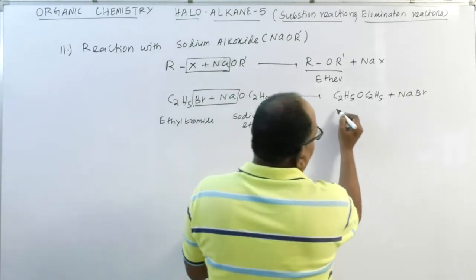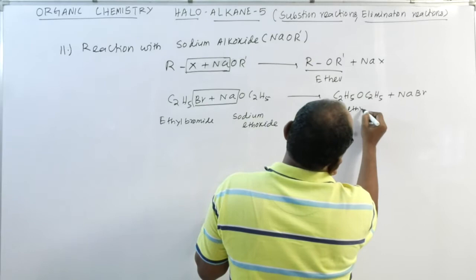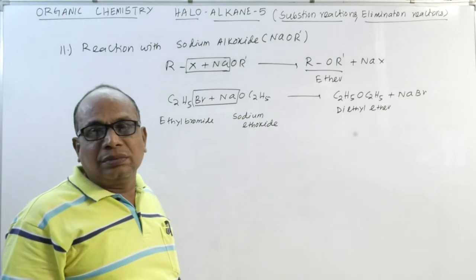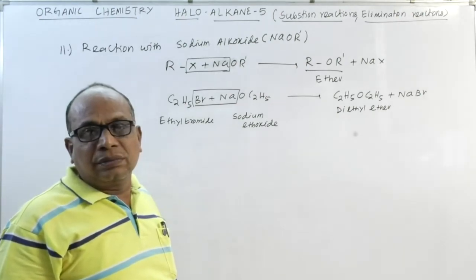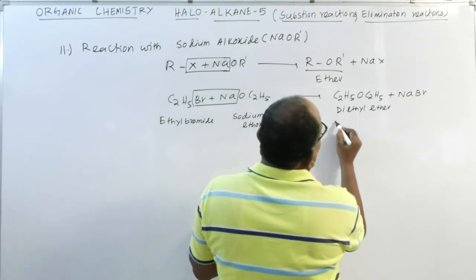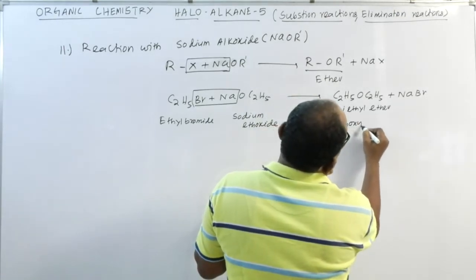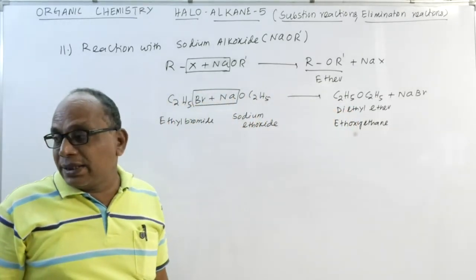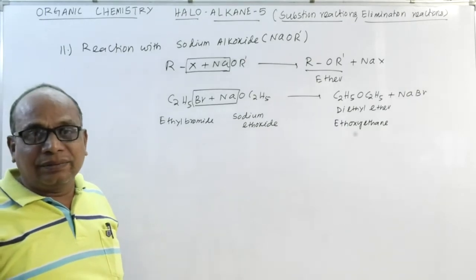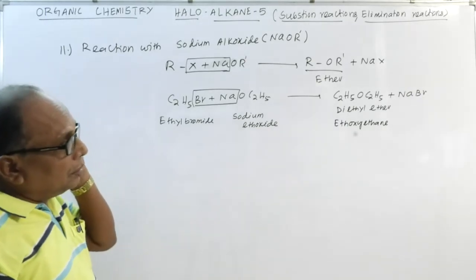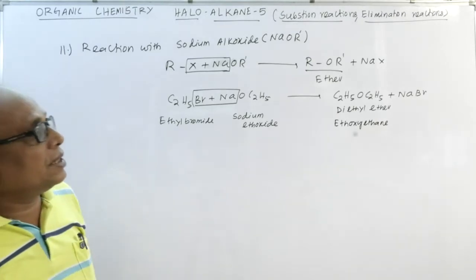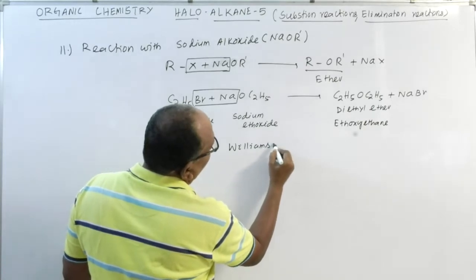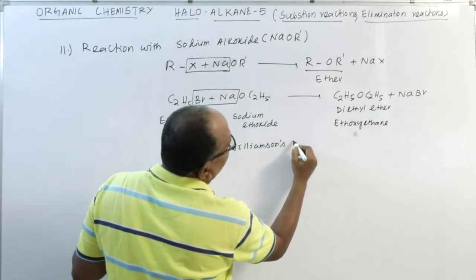This is called diethyl ether, or ethoxyethane. What it gives is ethoxyethane. So this synthesis of ether is known as Williamson's reaction.